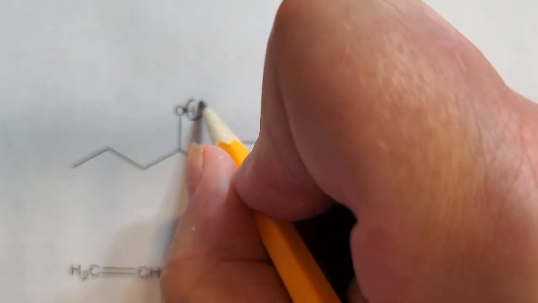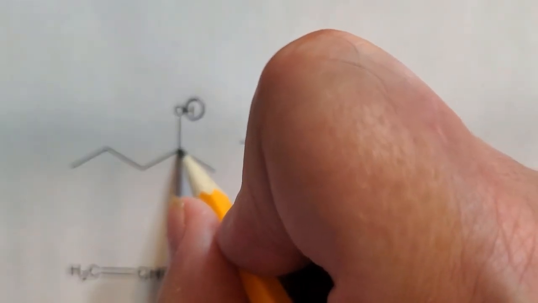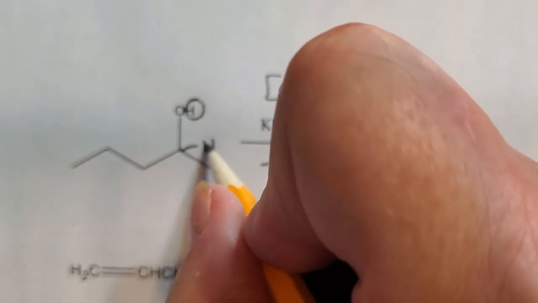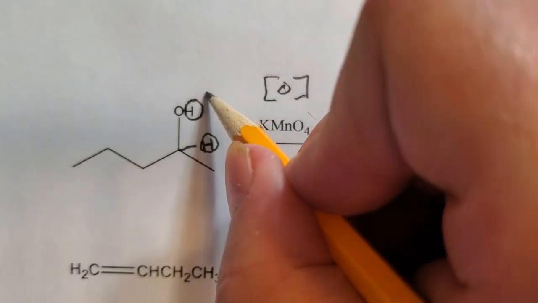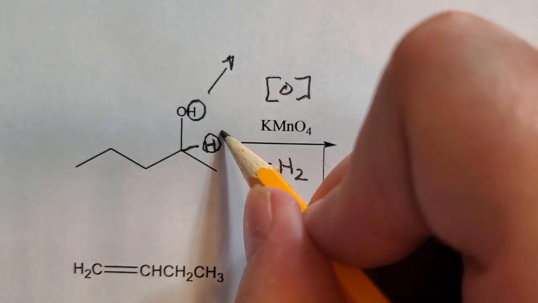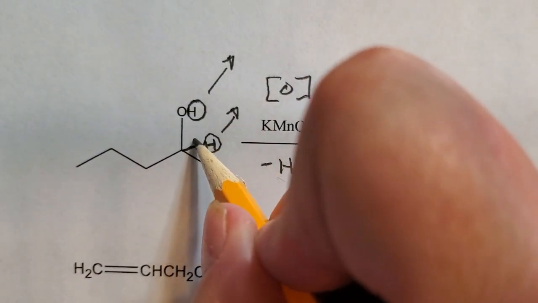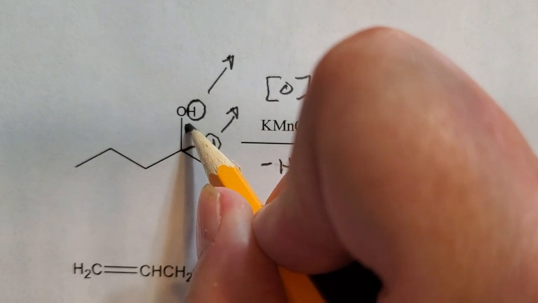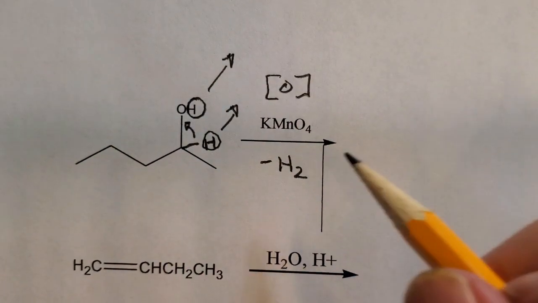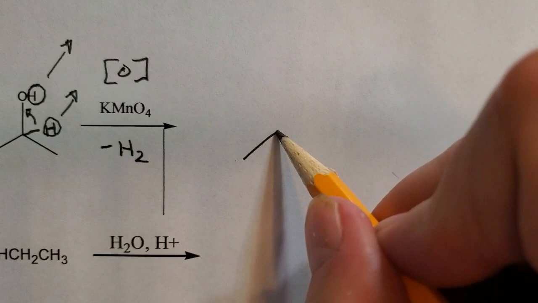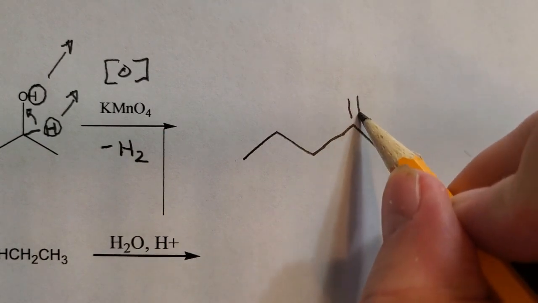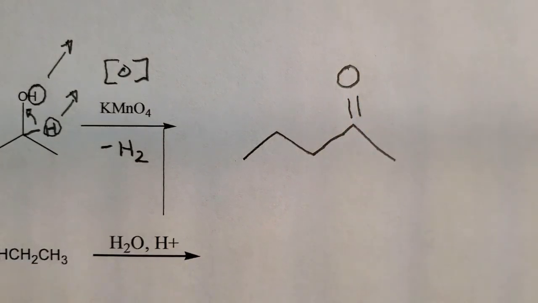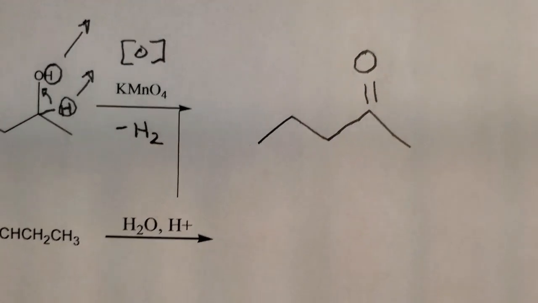Here's one of the hydrogens. Here's another hydrogen that's understood but not shown. So we're going to get rid of this, get rid of this, and this bond is going to go there. So the answer is going to be 2, 3, 4, 5. That's the product.